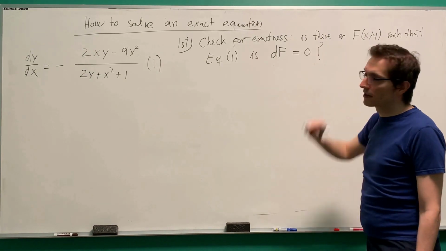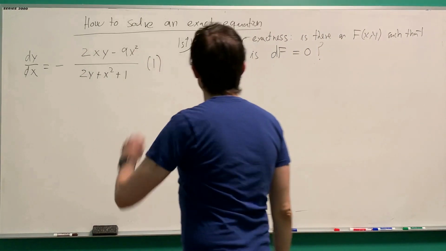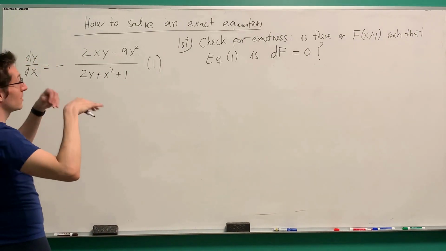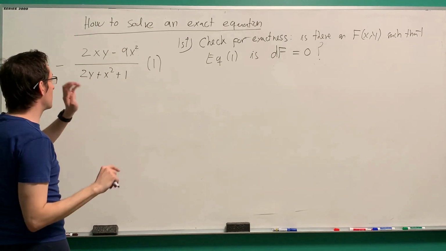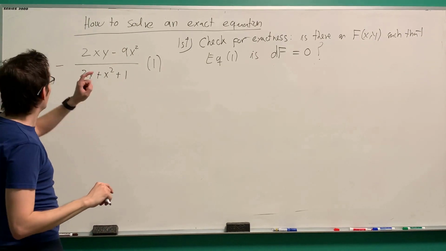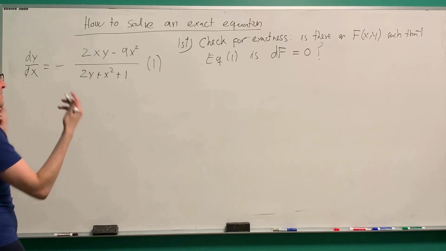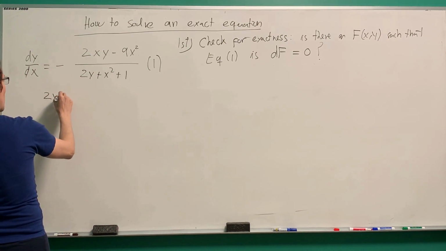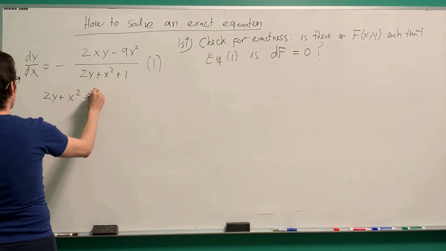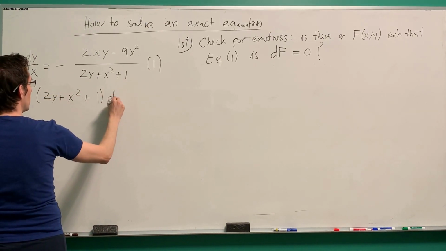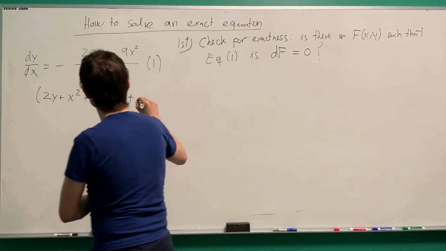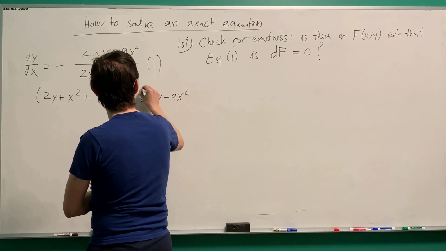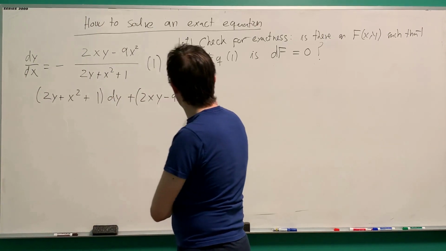So that's the question we ask. Well, let's write this explicitly as a differential form. So we operate with differentials, or equivalently, but not telling mathematicians not to look, we say this times this equals this times that, and put everything on the same side. Anyway, this is just a mnemonic technique. So (2y plus x squared plus 1) multiplying dy plus (2xy minus 9x squared) multiplying dx.